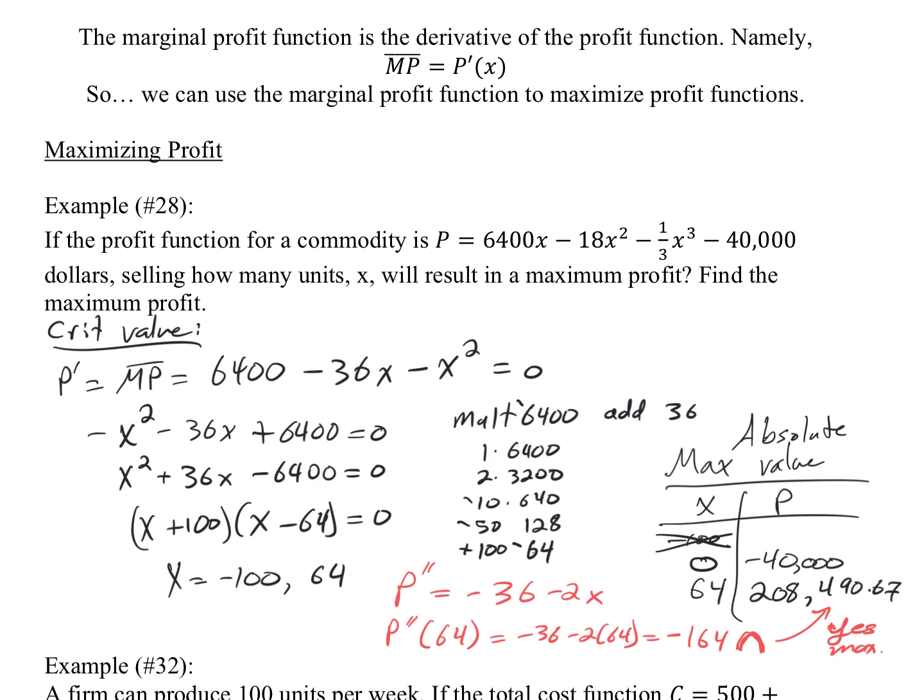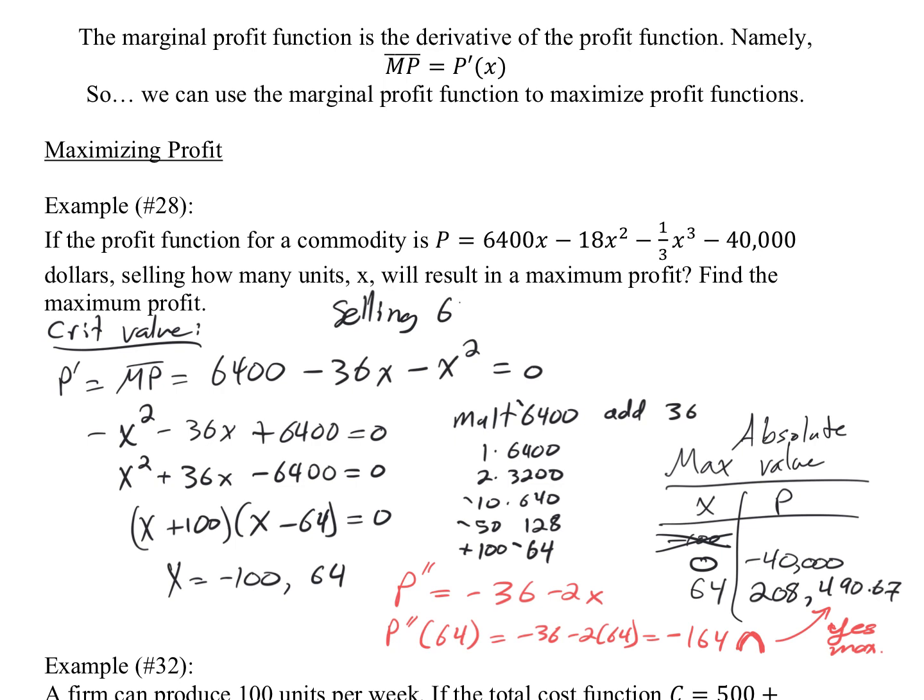Now, being a word problem, you should always make sure you have answered the question before you continue on. They say selling how many units will result in a maximum profit, then find the maximum profit. Let me write a sentence that answers this question.